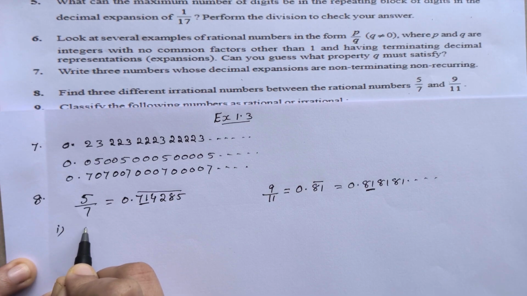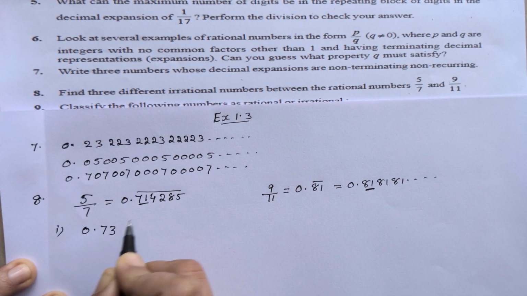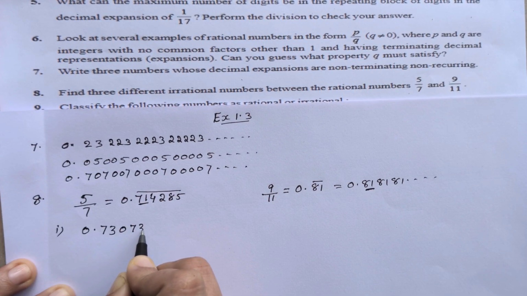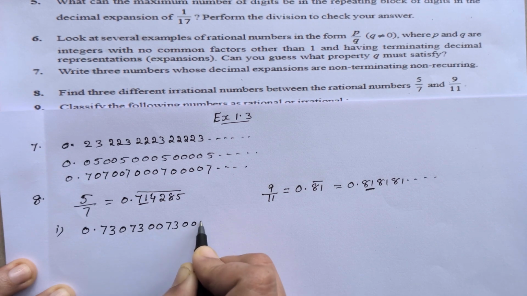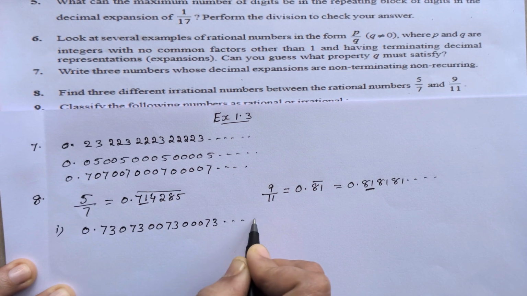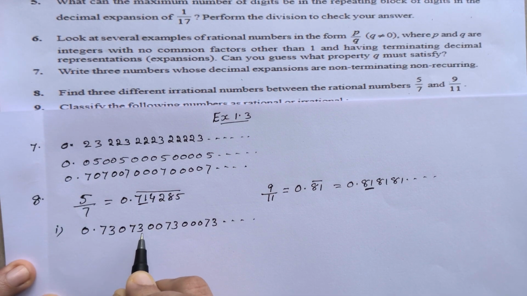For example, 0.73. If you are starting with 73, after 71, then you have to write it without repeating the same block. The easy method is to just add 0 and then again write 73, then put 2 zeros, 73, then 3 zeros, 73, etc. This is an irrational number because 73 is not repeating the same way. Next it is coming 073.